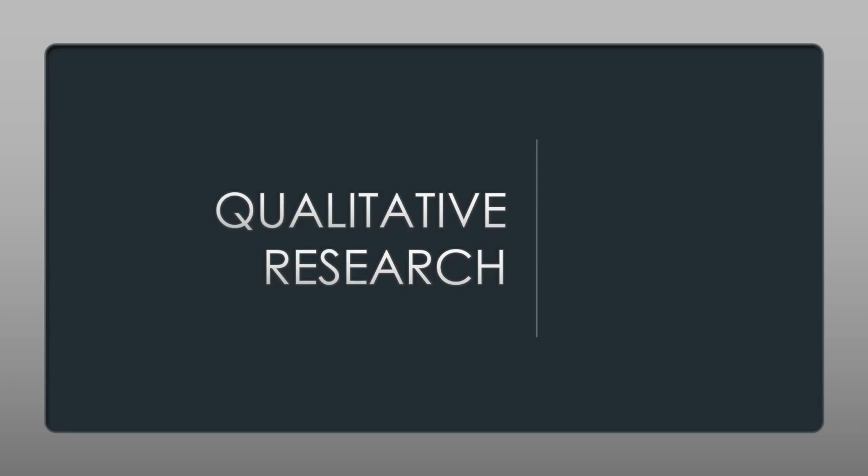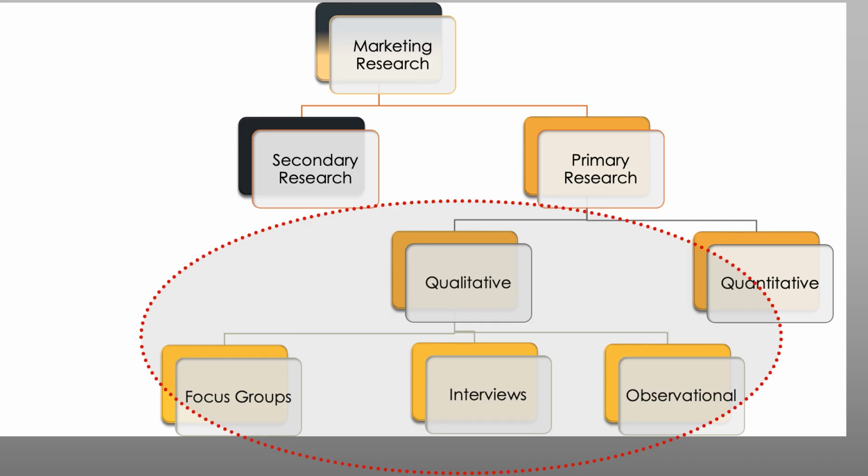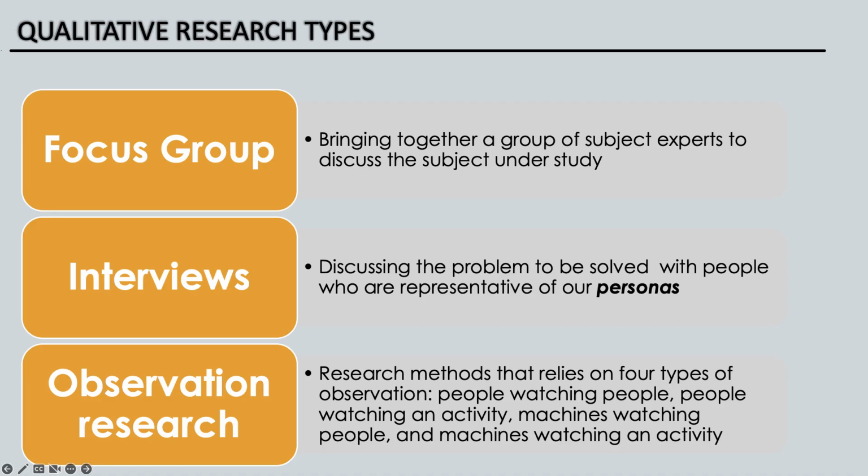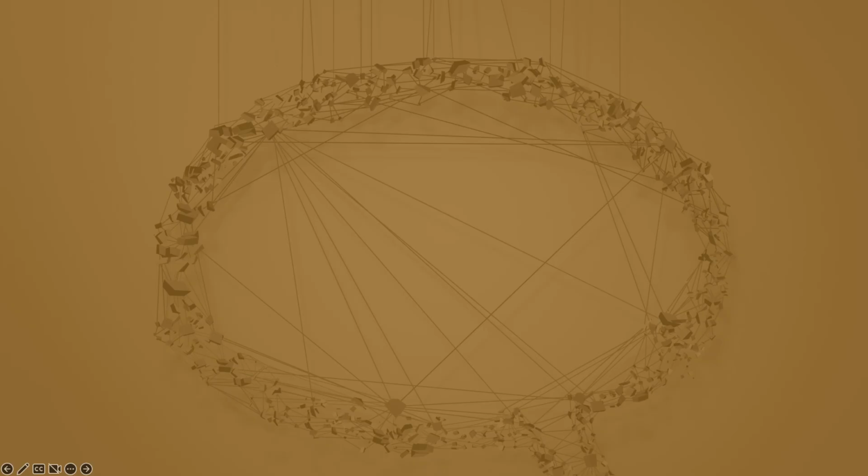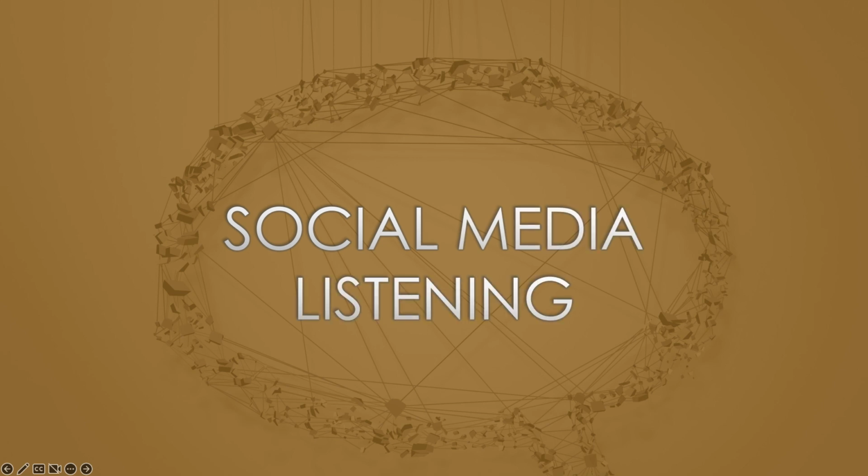So we'll look at this qualitative research component, and again, these could be interviews, focus groups, or observations. For our purposes today, this is to give you an idea of the overall research. We're not going to be doing any focus groups or interviews or observations of changing things in stores, etc. But what we will be doing is finding out from social media listening, what is it that the customers are thinking?